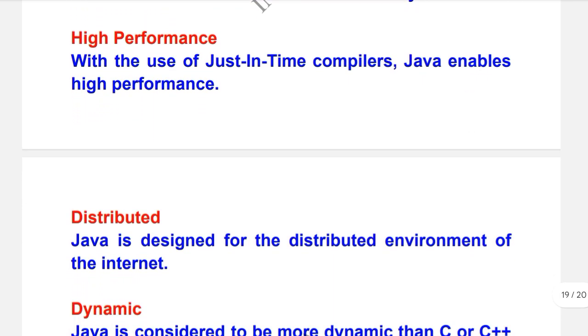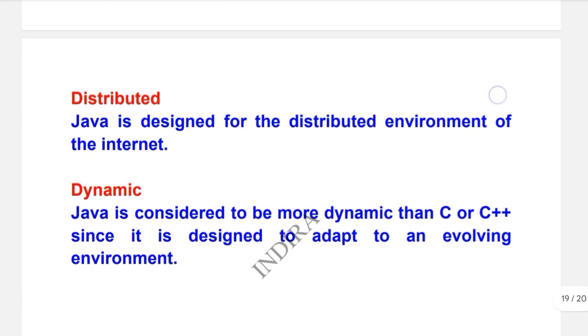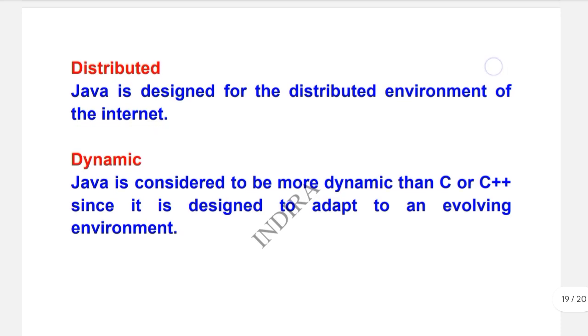Distributed: Java is designed for the distributed environment of the internet, and by using Java software we can easily distribute anything to the internet. Dynamic: Java is considered to be more dynamic than C or C++ since it is designed to adapt to an evolving environment.